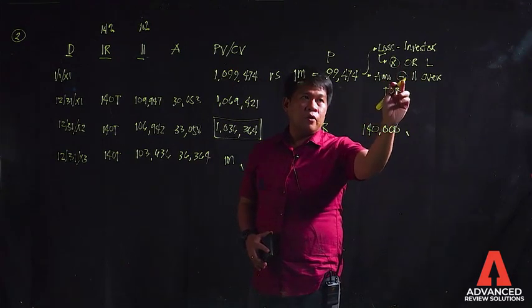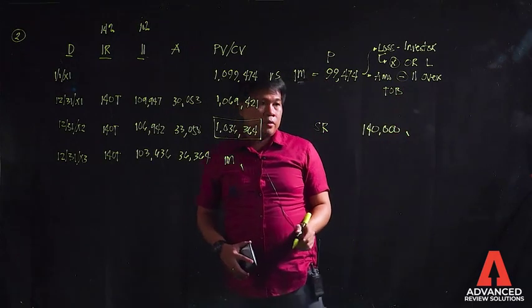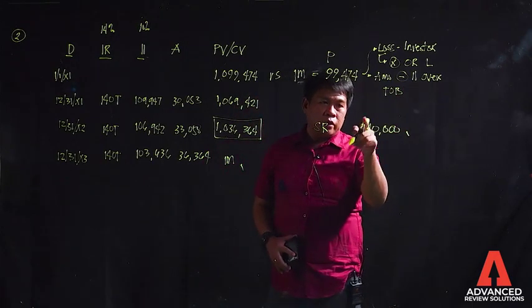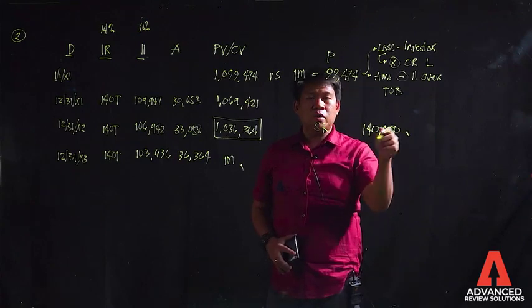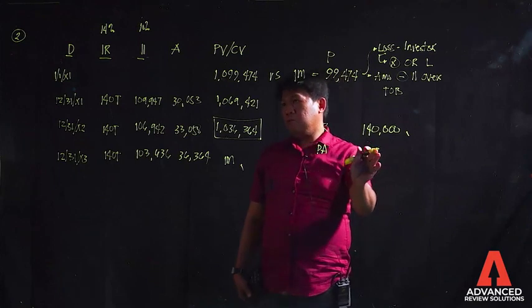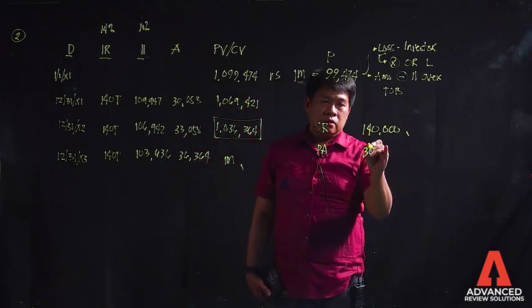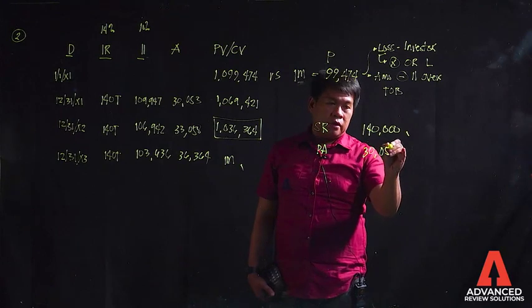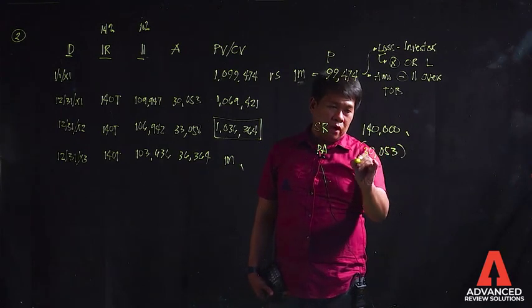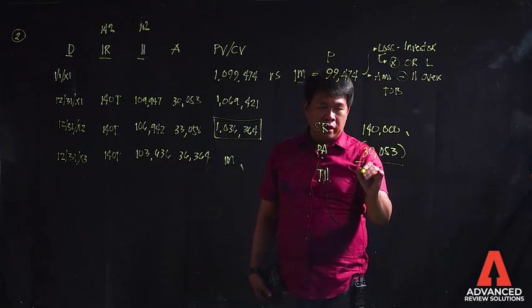That should be amortized as a deduction to interest income over the term of the bonds. Meaning, this 140,000, okay, mababawasan pa to ng premium amortization, amounting to 30,053 in the first year. 30,053. So, bawas yan.